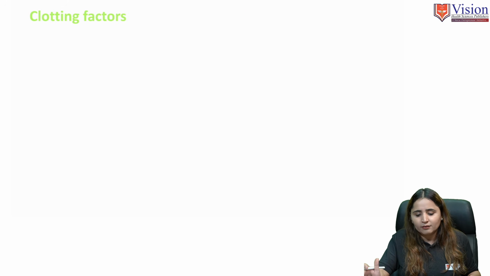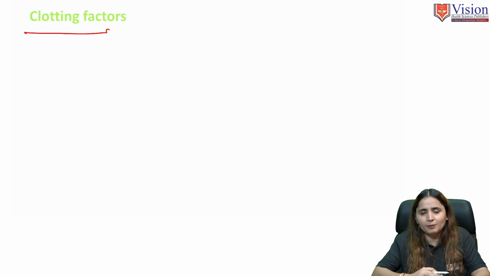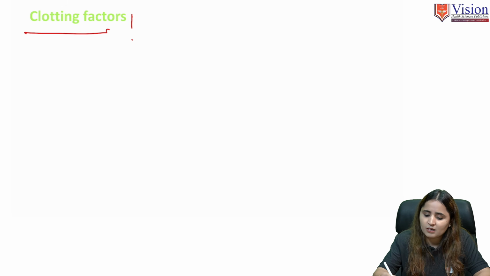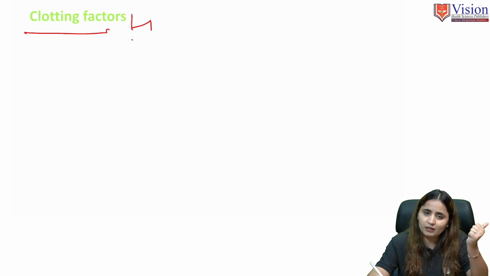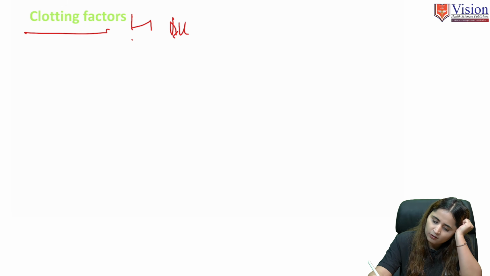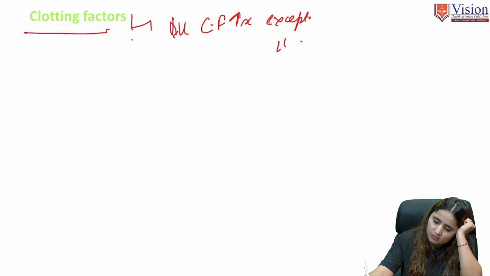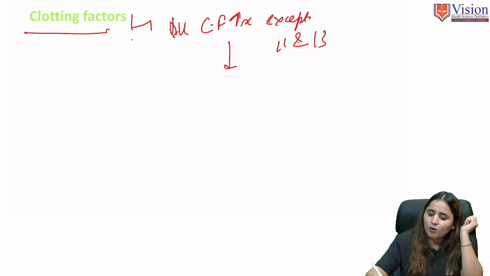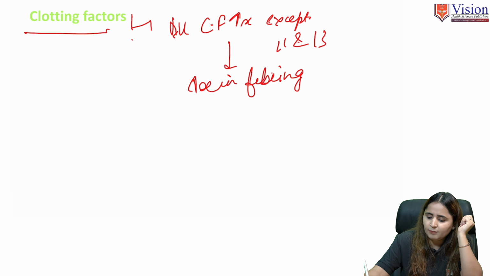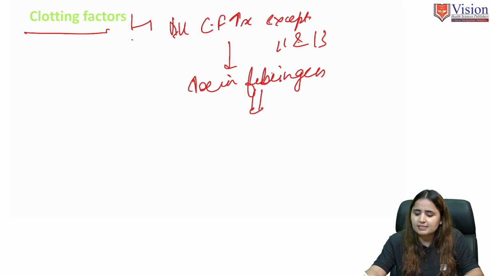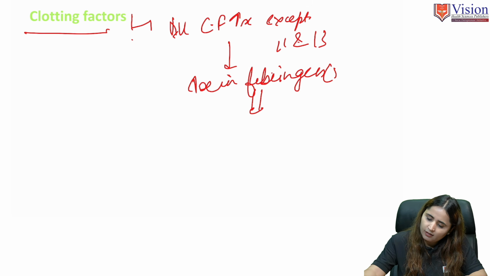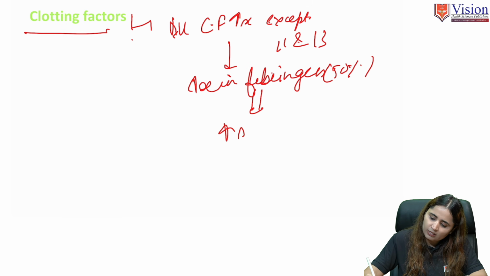Okay, clear? Now, another thing in the hematological system is the clotting factors. As we had already discussed, all clotting factors increase except 11 and 13. There is also an increase in the fibrinogen level in pregnancy, and this increase in fibrinogen leads to an increase in the ESR.